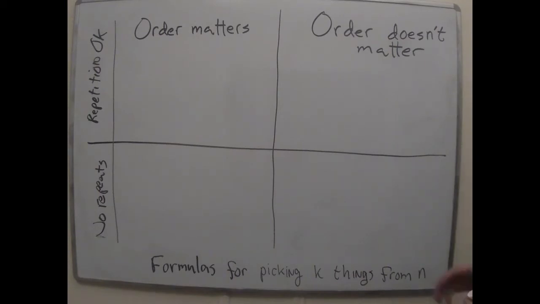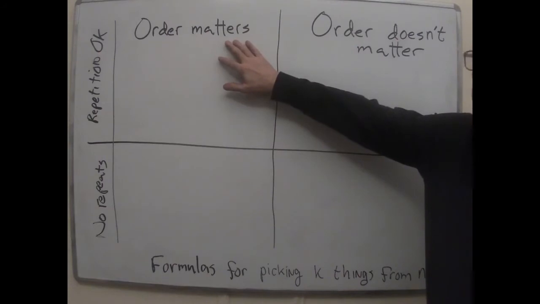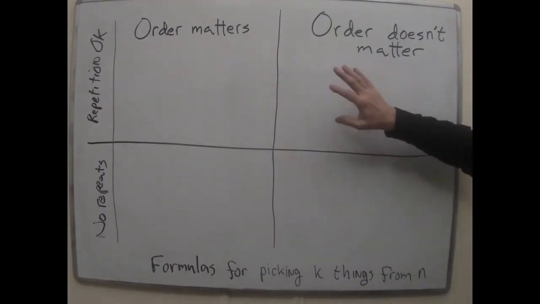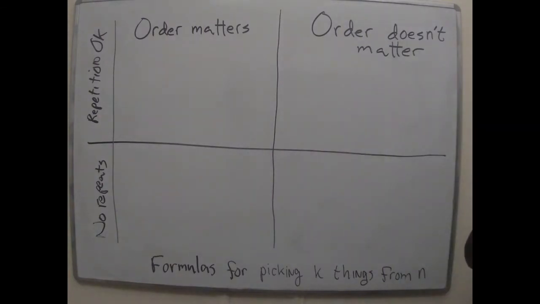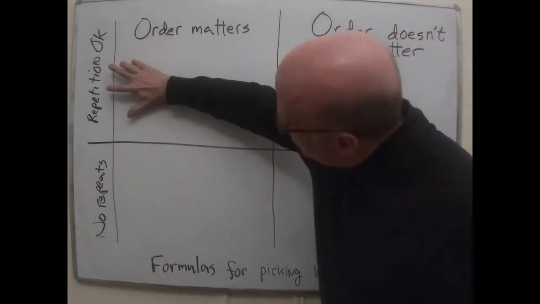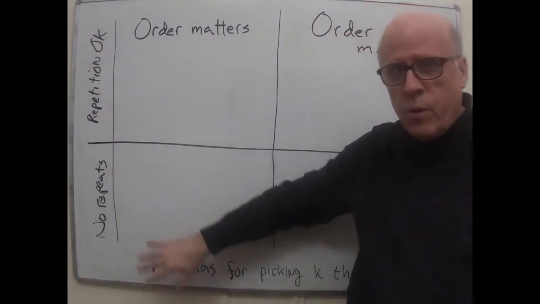One of the issues we've dealt with is whether the order of things mattered or not. If it doesn't matter, we'd get one formula. If it does, we'd get another. The other thing that we've seen a few examples of is whether repetition is allowed in these things, or are we forced to have no repetition?